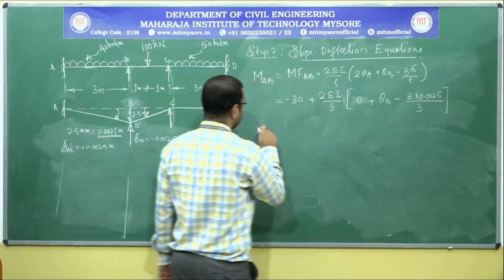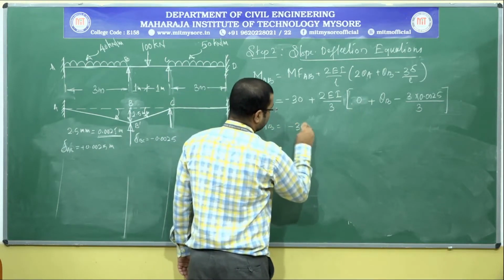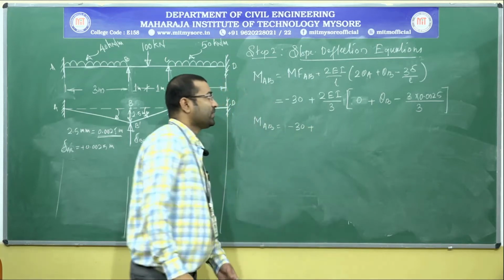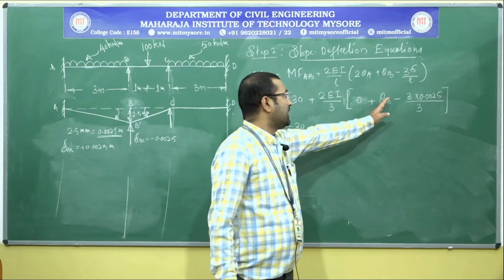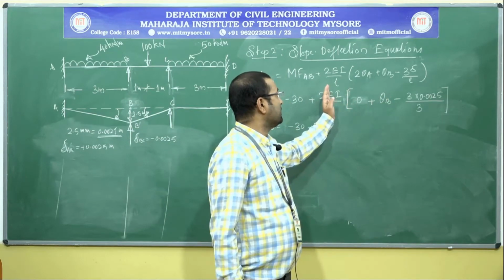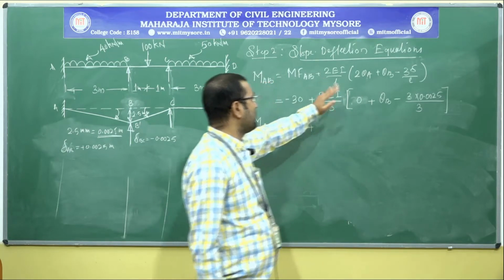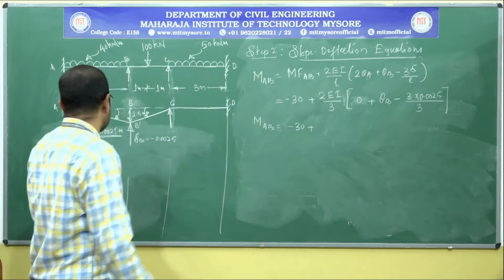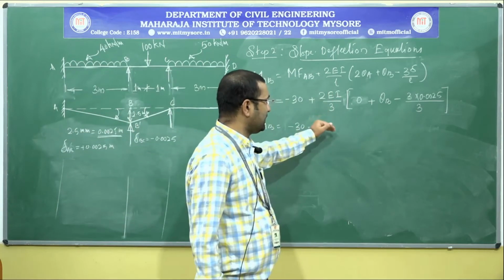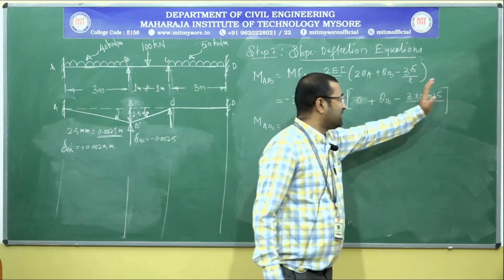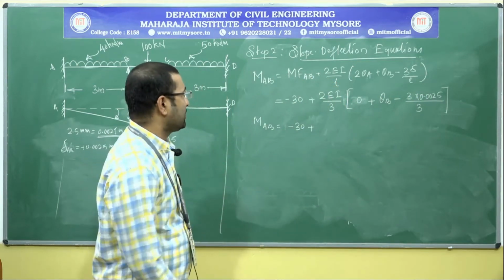Now, if I solve this, I will be having minus 30 plus, okay. So, here what I am doing, I am writing the theta value in accordance with the EI, that is I am substituting the EI value as it is. That means I am not putting the EI value as 7000 kilonewton meter square for the theta term, but for this term I am substituting the EI value as 7000 kilonewton.